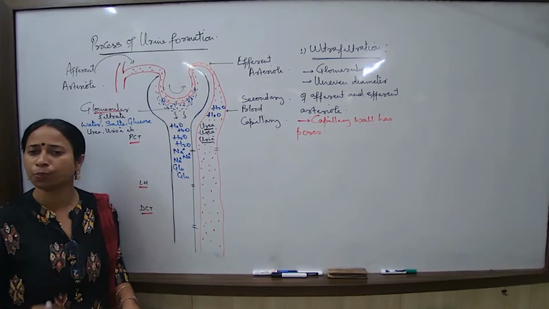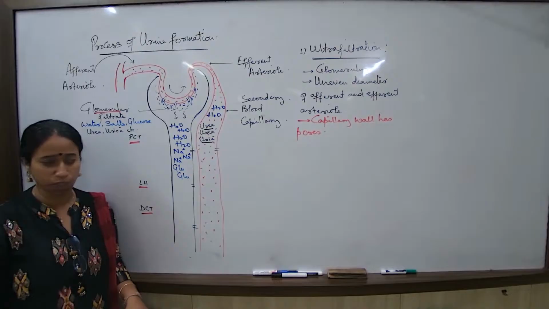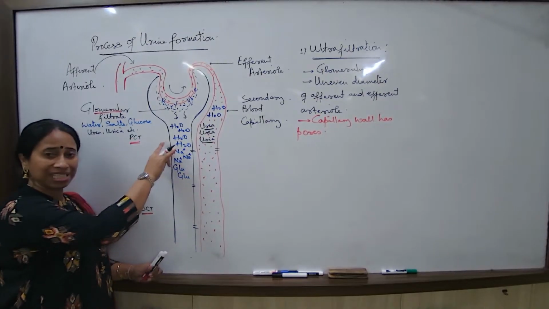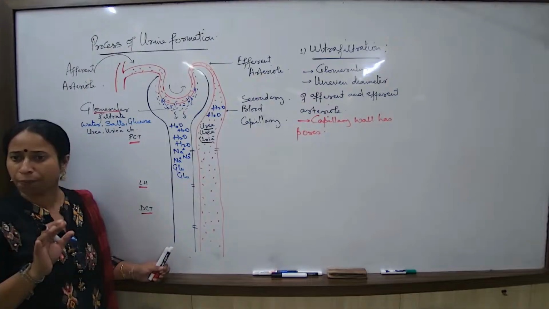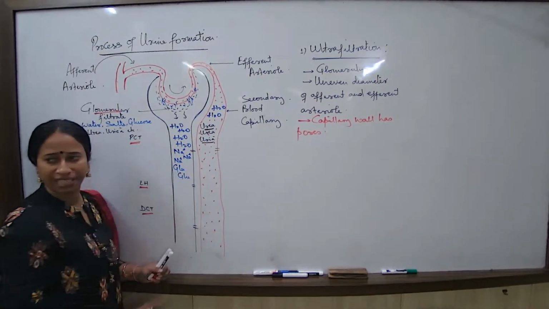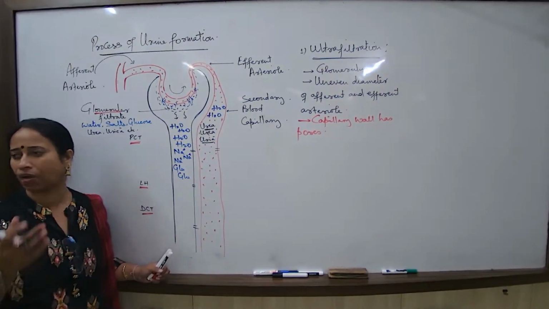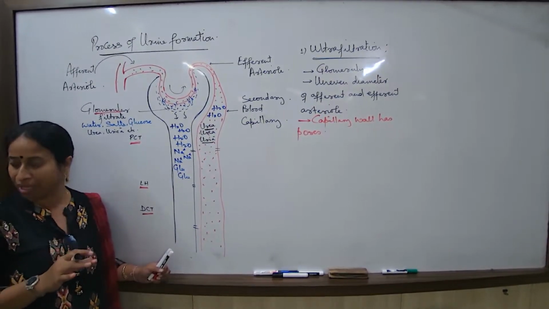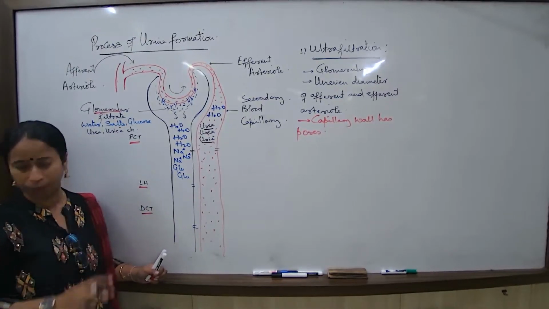Allow transport possible. So I am saying the PCT, the loop of Henle and the DCT have differential permeability. And this entire capillary network, they have fine thin walls which allow the process of diffusion possible. Because of that, the exchange of substances now goes on.